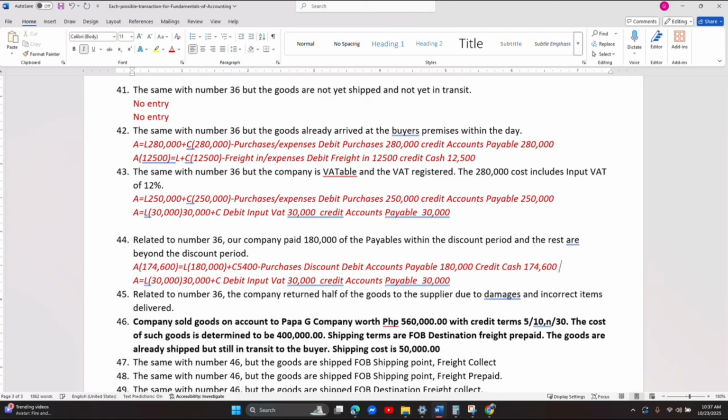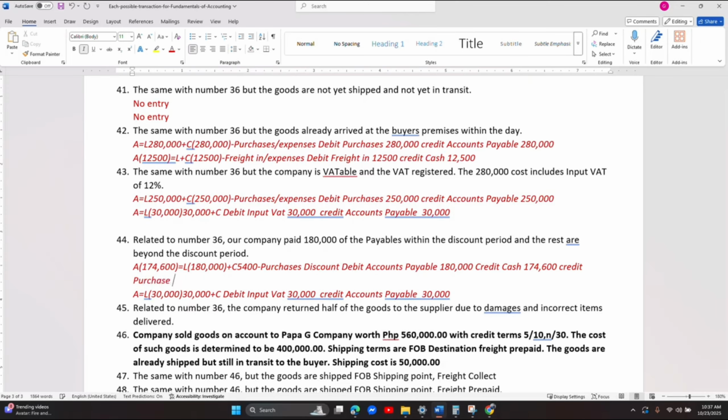And then another credit is the purchase discount, 5,400. And that's it for the 180,000 payables which are settled within the discount period.